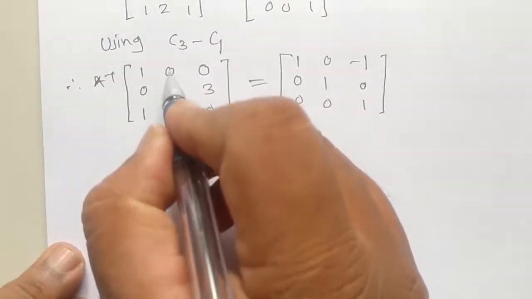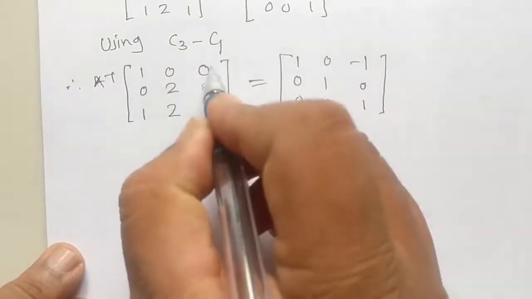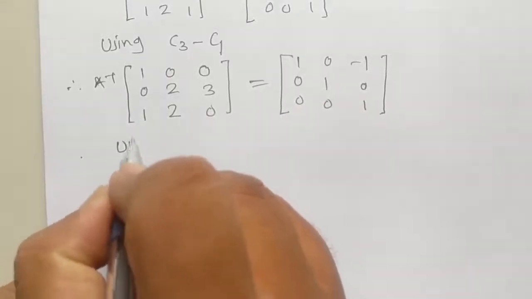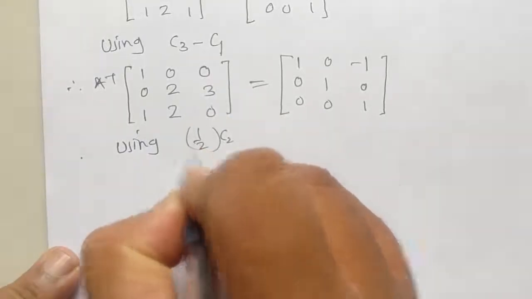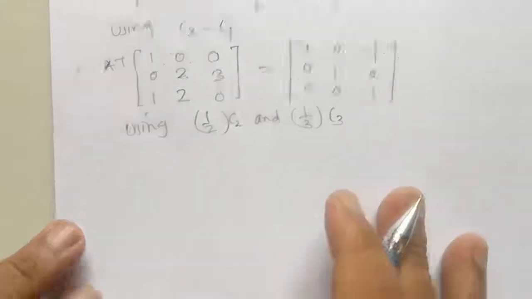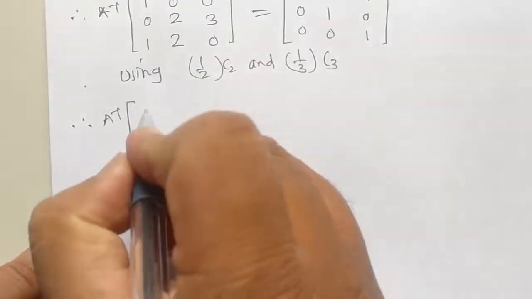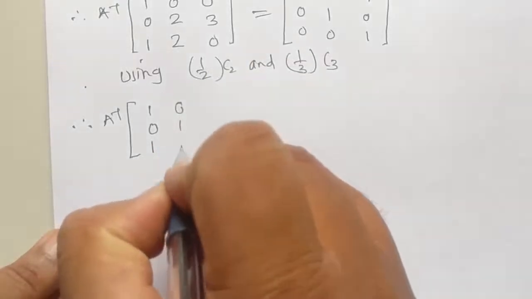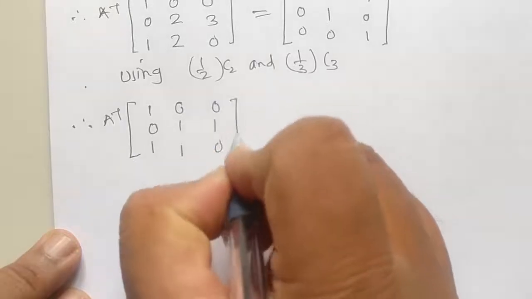Now observe this column 0 2 2, column number 2. If we divide by 2 we will get 1. If we divide column 3 by 3, this column will get 1. So using 1/2 into C2 and 1/3 into C3, A inverse is equal to 1, 0, 1, no change, 0, 1, 1, we divided by 2, 0, we divided by 3, it is 1, 0.